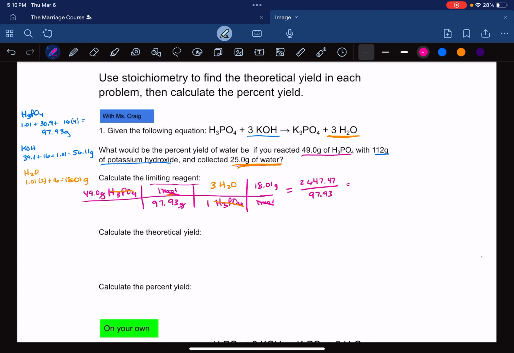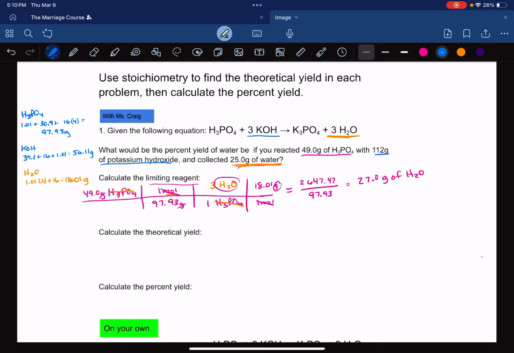So now I'm going to do top divided by bottom. So 2,647.47 divided by 97.93. And that's 27.0. And that's grams of water. Okay, so that's how much water can be produced from the phosphoric acid.